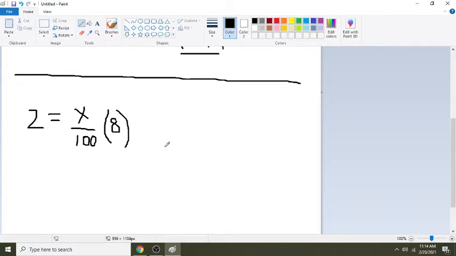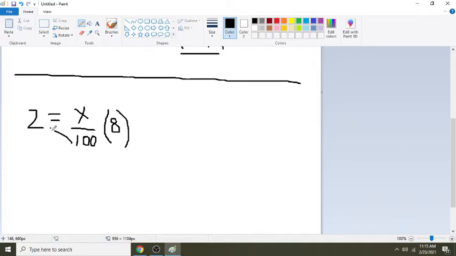So the direct way of isolating the x is they usually multiply this by the reciprocal, or you can do cross multiplication.